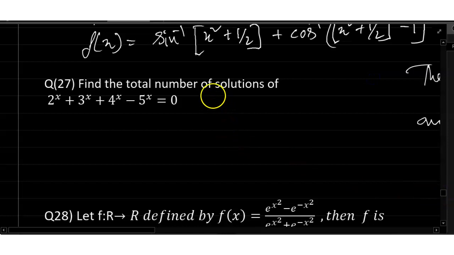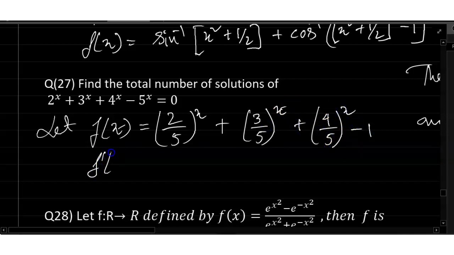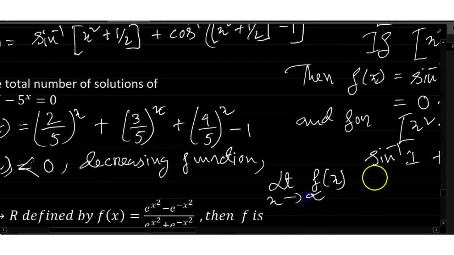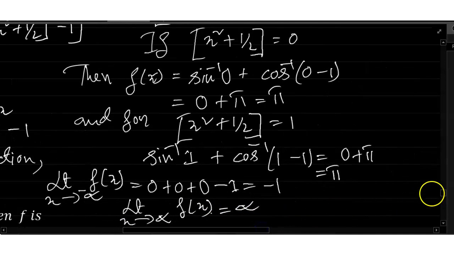Next problem, find the total number of solutions of 2 to the power x plus 3 to the power x equals 4 to the power x. So let f(x) equal 2 by 5 to the power x plus 3 by 5 to the power x plus 4 by 5 to the power x minus 1, and f dash x is less than 0, so it is decreasing. The limit as x tends to minus infinity is infinity, and the limit as x tends to infinity of f(x) is minus 1.